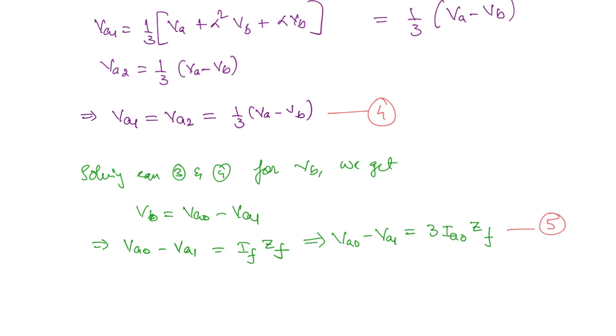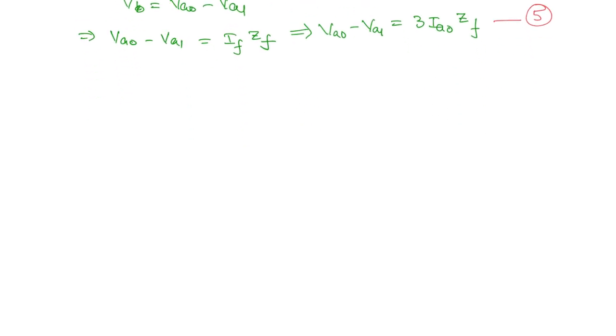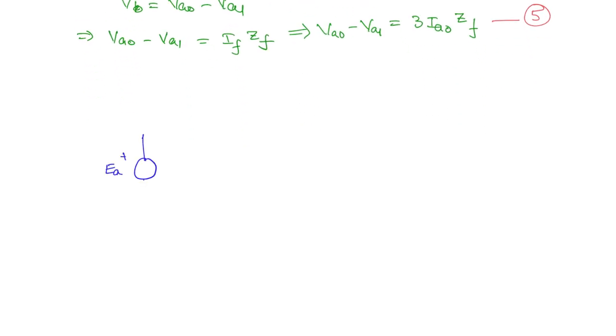Now we will draw the sequence networks first. First, the positive sequence network. This is Z1. The current flowing out of this is IA1 and here you have voltage VA1. Next we have the negative sequence network.